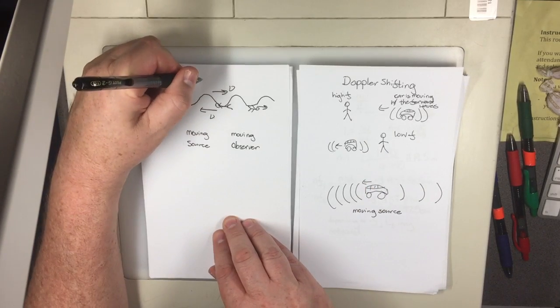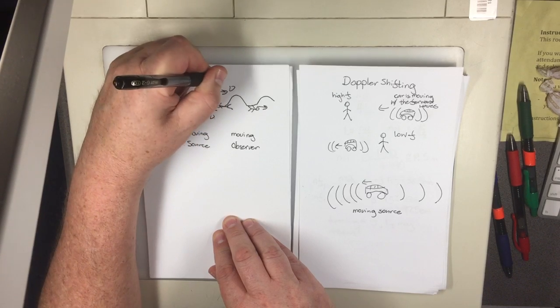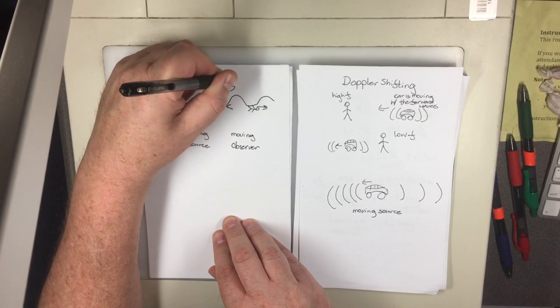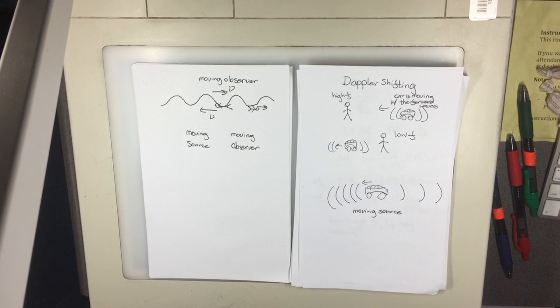This is the case of a moving observer. So the moving observer is the surfer and the waves. The moving source is the police car passing by the observer.